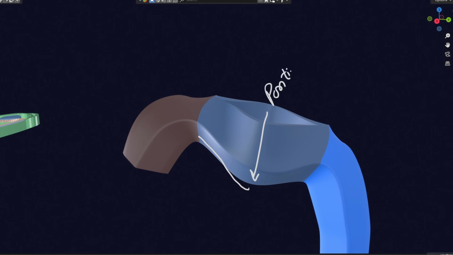This is the point of pontine flexure. Some people also like to call it rhombic flexure, but mainly the common name is pontine flexure.